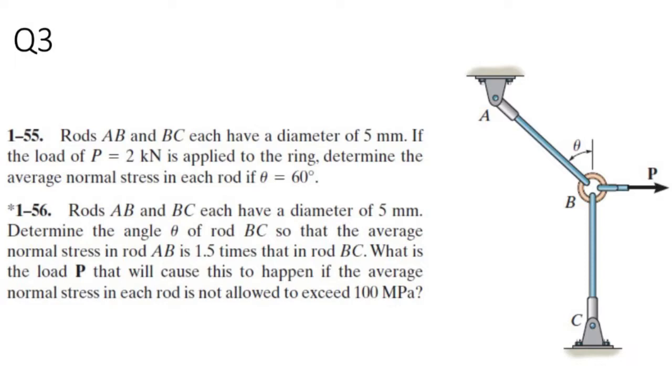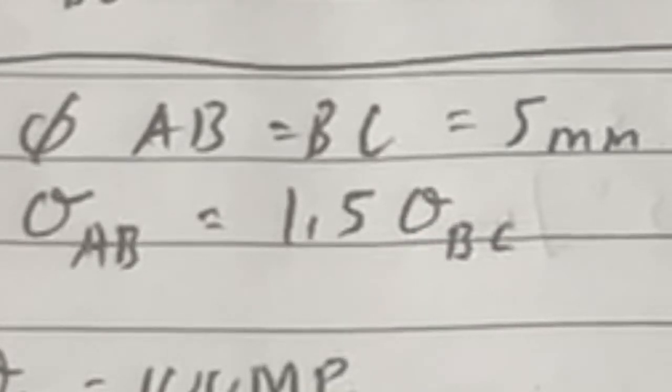So we gather all the information: the diameter of rods AB and BC is 5 mm, and the average normal stress for AB is equal to 1.5 times the normal stress of rod BC.